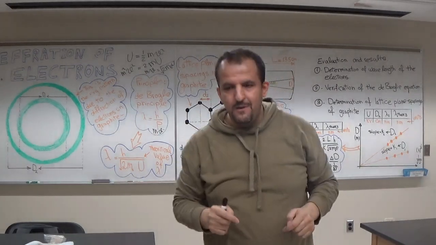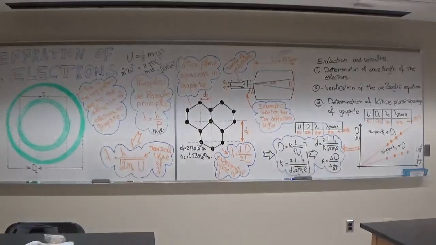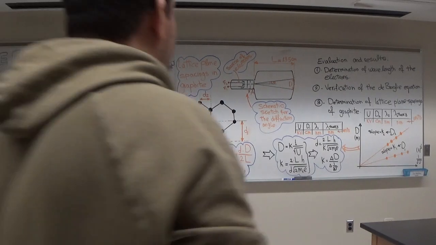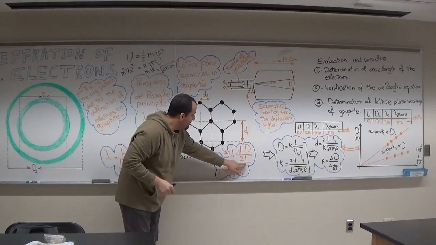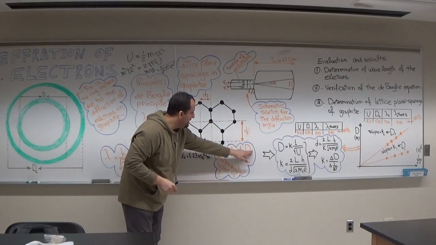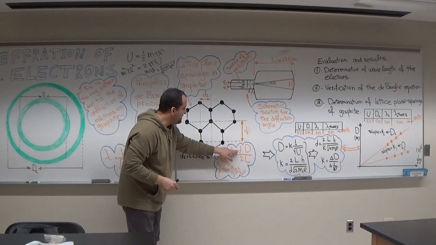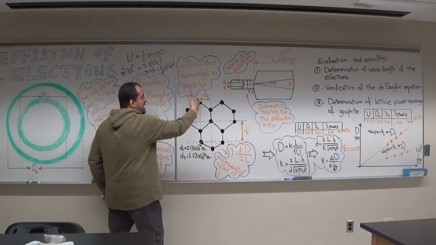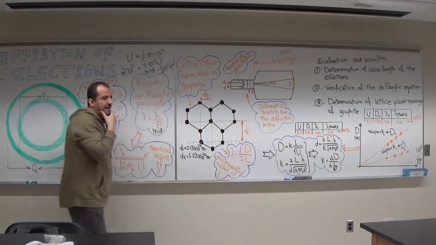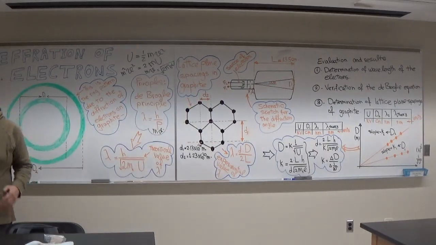And if I come here, I can show you L, guys. So this is L from here to here. So this is L, 13.5 centimeters. We know L, we know capital D. This small d that you can see right here, guys, actually represents the spacing between planes in the graphite crystal.